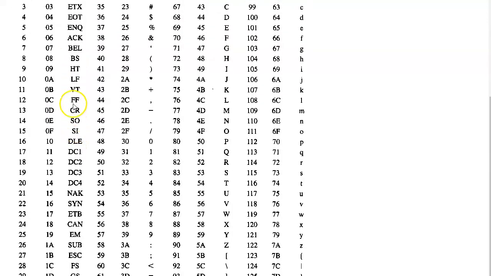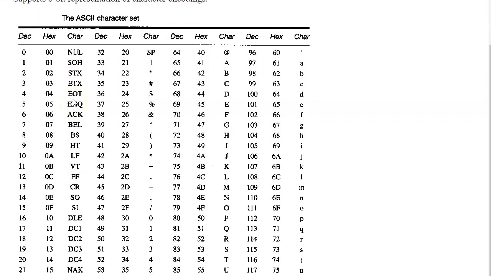Actually, control characters are all characters that are lower than decimal 32, so in the range from 0 to 31 we have characters called control characters. Decimal 32, or hexadecimal 20, is a space character.